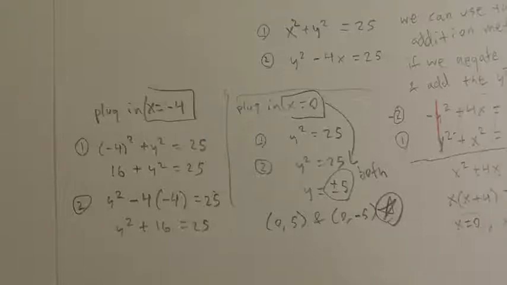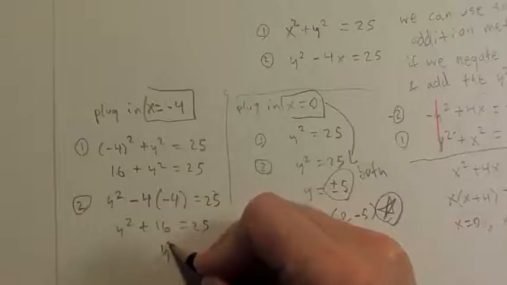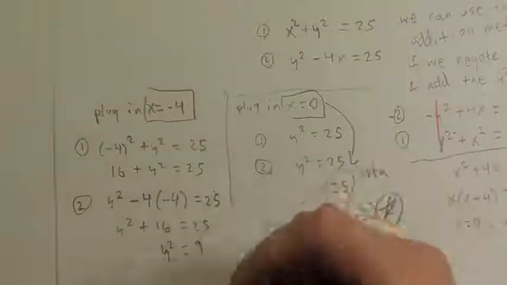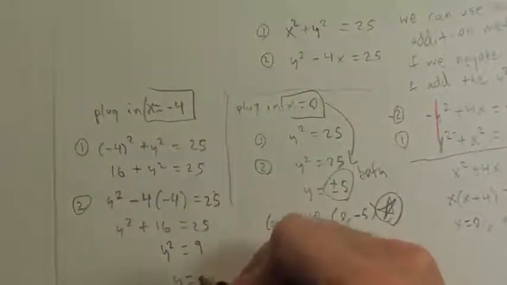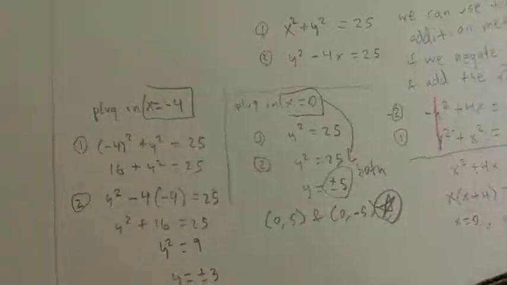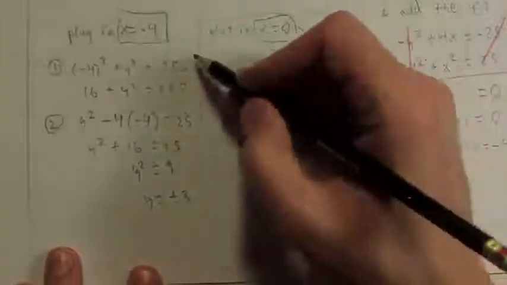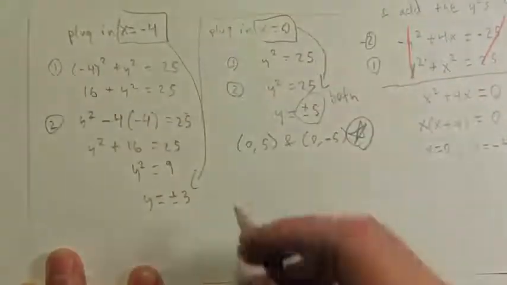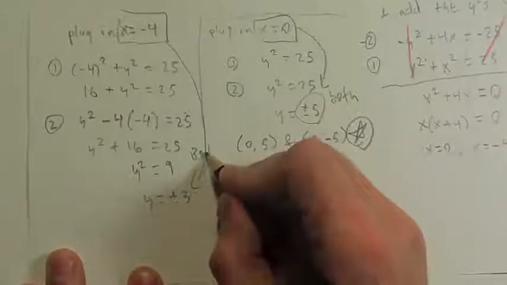Alright, so 25 minus 16 gives us y squared is equal to 9. So y is equal to plus or minus 3. And once again, x equals negative 4 gives us both of these.